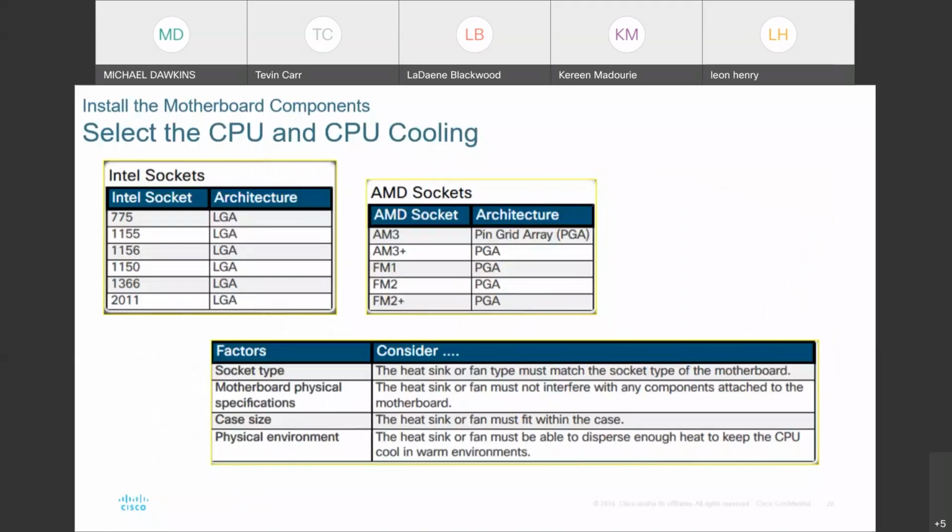Okay. All right, so you select the CPU and CPU cooling. Normally when you're buying a CPU, you also want to buy the correct, most appropriate heat sink and fan. So the cooling system must be cooling better than expected.